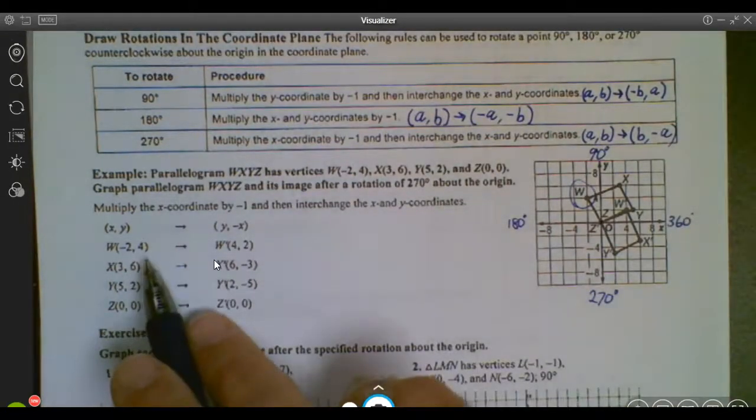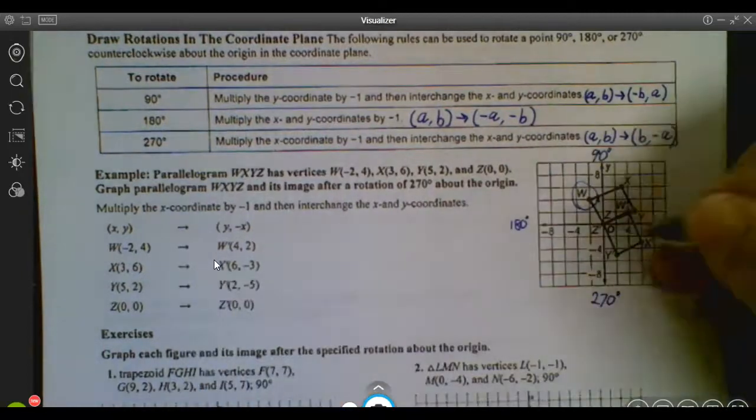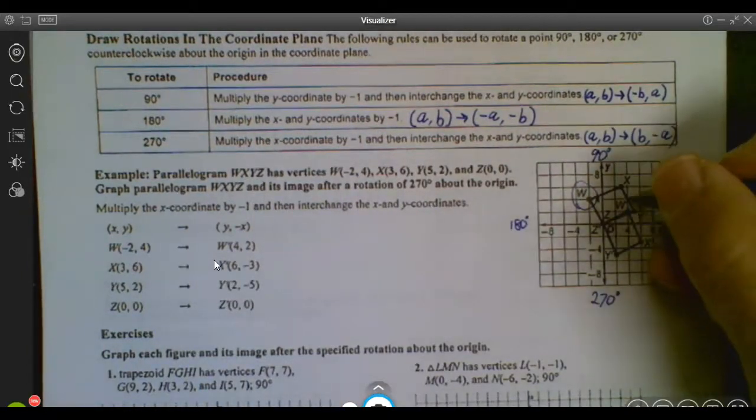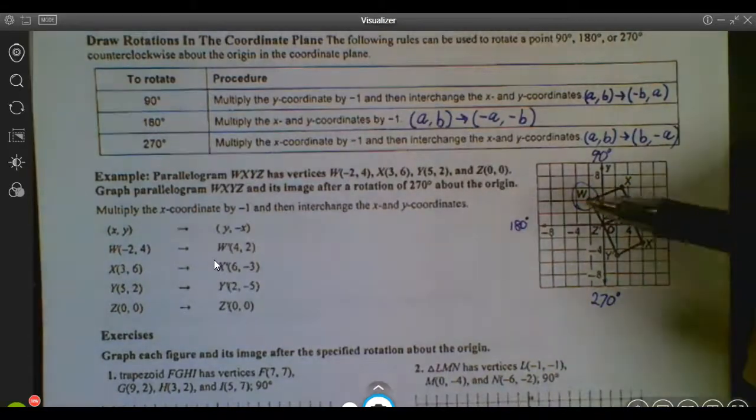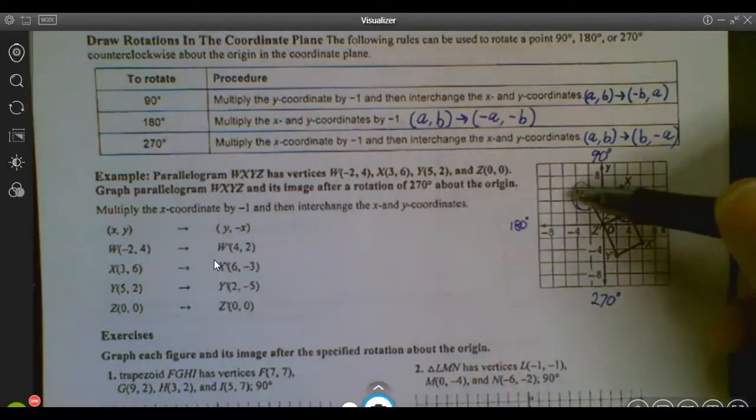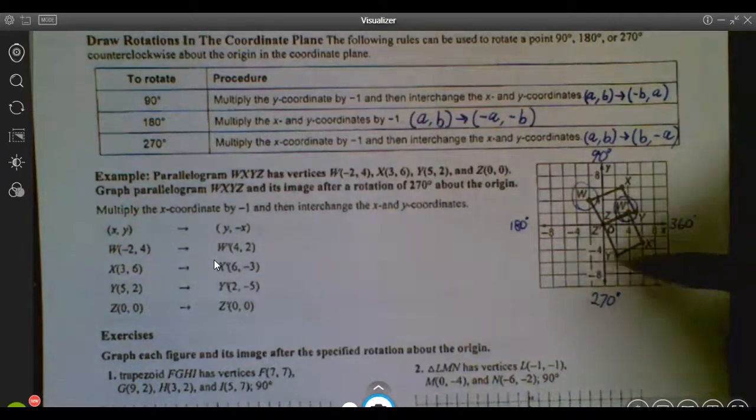If you rotated it 270 degrees, it becomes (4, 2), which is where it ended up. And notice as you went 270, it ended up 3 quadrants away from where it started. It was in quadrant 2, and it went to here, then to here, then to here, and this is where it ended up in a 270 rotation.